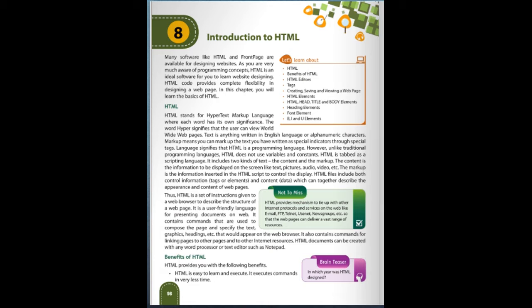The content is the information to be displayed on the screen, like text, picture, audio, video, etc. The markup is the information inserted in the HTML script to control the display. The HTML file includes both the control information and the content, meaning your data which you want to show on your website, which together describe the appearance and the content of the web page.